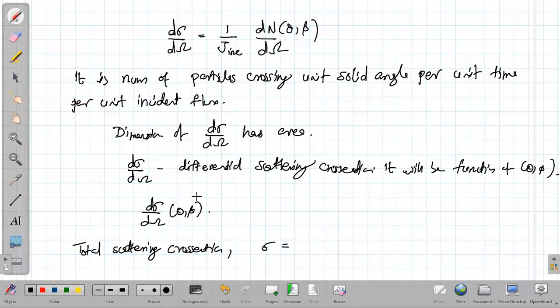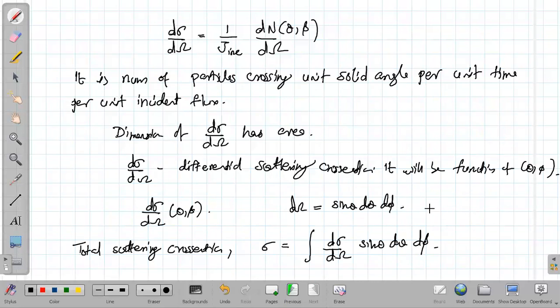That would be the integral of d sigma by d omega over the entire solid angle, sine theta d theta d phi. So this d omega, which is the solid angle, can be defined as sine theta d theta d phi.